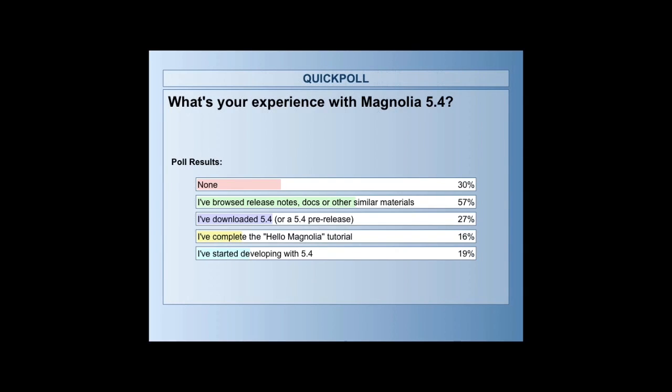So 30% none, 57% I've browsed release notes. Of course, you can see the results here in front of you, but I'll also narrate them for the recording. 27% have downloaded 5.4 or a pre-release. 16% have completed the Hello Magnolia tutorial, which will make our docs writers really happy. And 19% have already started developing with 5.4. That's really fantastic.